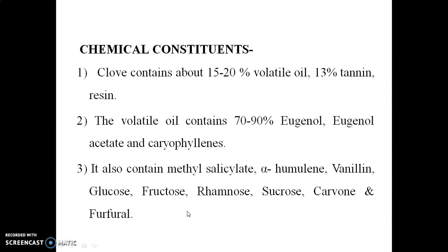Along with it, it also contains eugenol acetate and caryophyllene, where isoeugenol is also present. Then in the least amount it also contains methyl salicylate, alpha humulene, valine, glucose, fructose, rhamnose, sucrose, carbone, and furfural compounds, where the furfural compounds include methyl and dimethyl furfural compounds. So this is regarding the chemical constituents present in the clove flower bud.